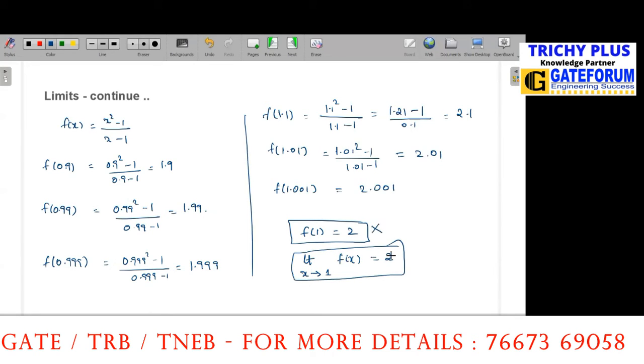This is only correct: when x goes approaching 1, my f of x is giving a value of 2. Is it clear? More apt sentence, right?